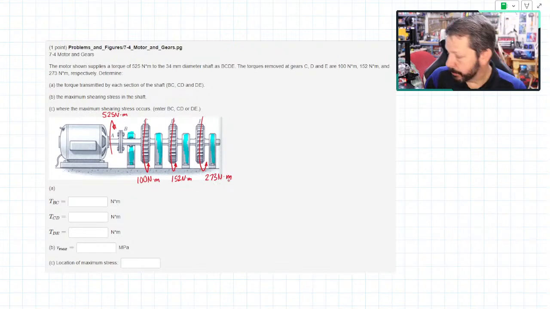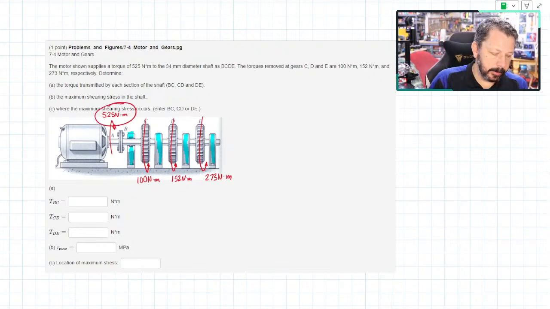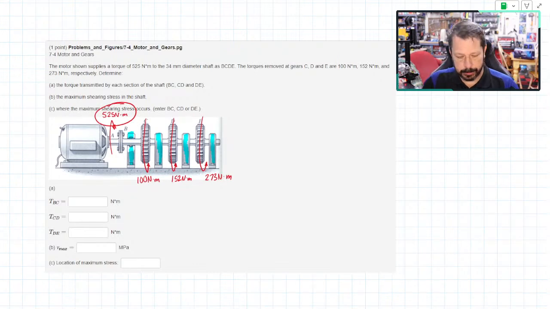So if I add those numbers, 100 plus 152 plus 273, I get 525. So all the torque that's going into this thing is going out to the rest of the machine. That's generally the way we're going to approach these problems.